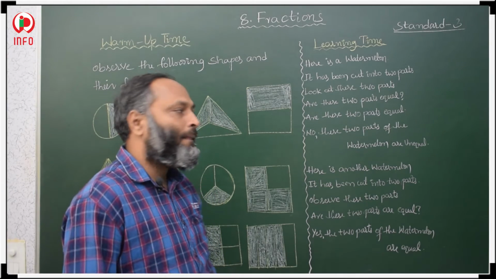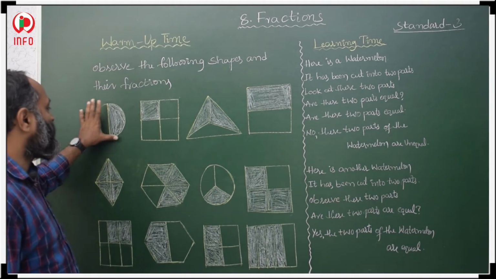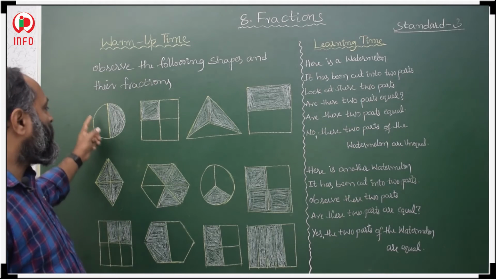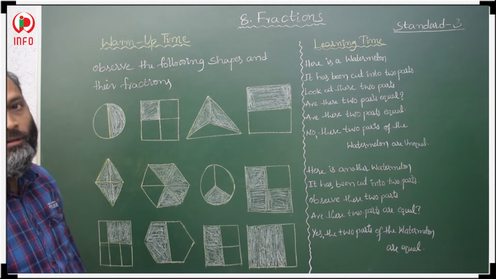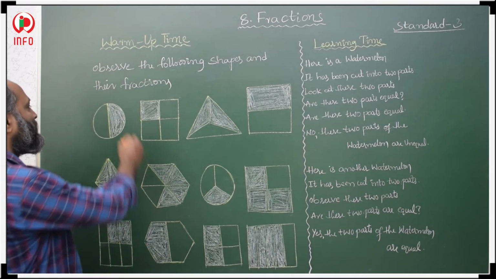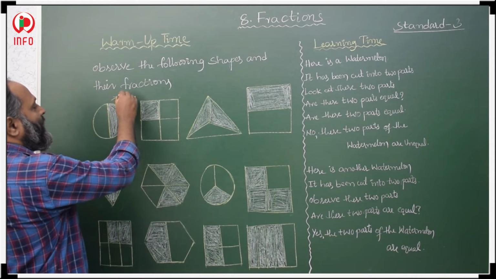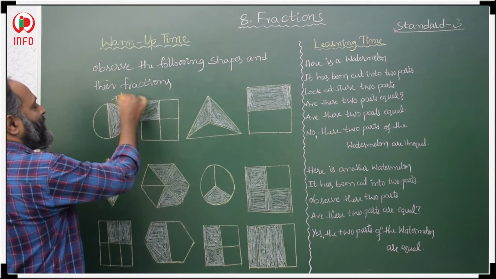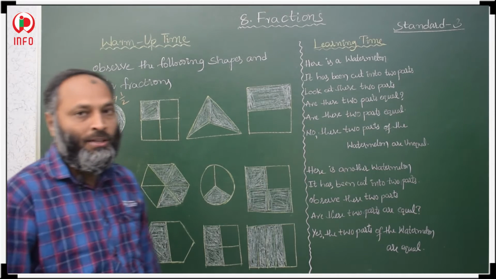See here, in this first picture, this is a complete circle. We divide this circle into two equal parts. One part is shaded, so the shaded fraction is 1 by 2.